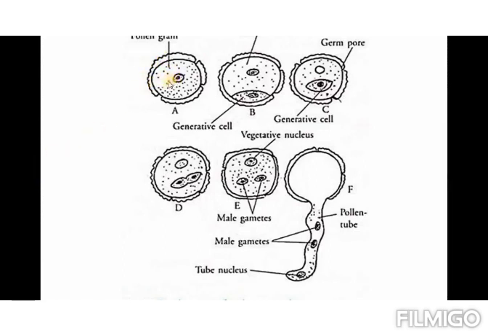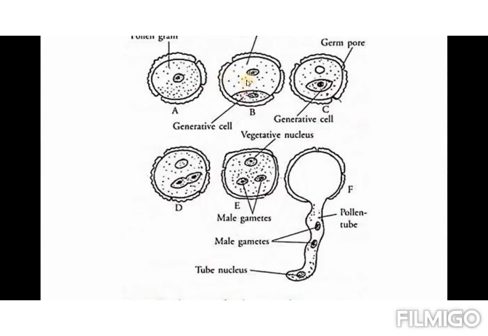This nucleus is haploid and this is the cytoplasm. Now, after a certain period of time, this nucleus divides into 2.